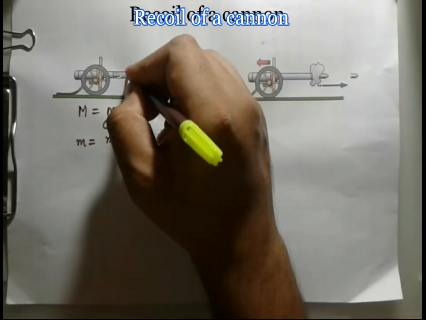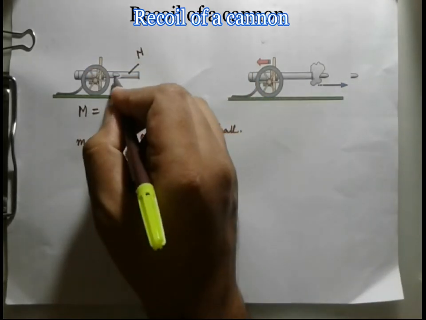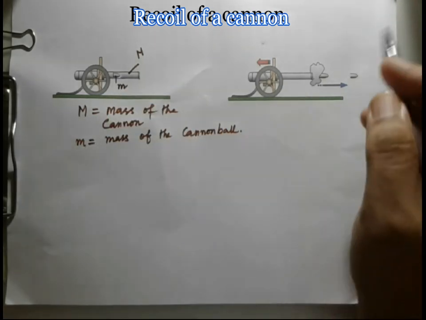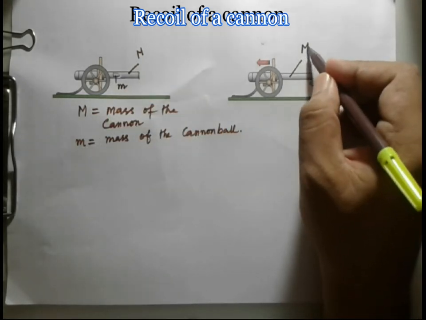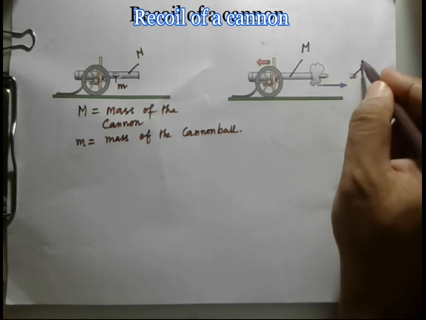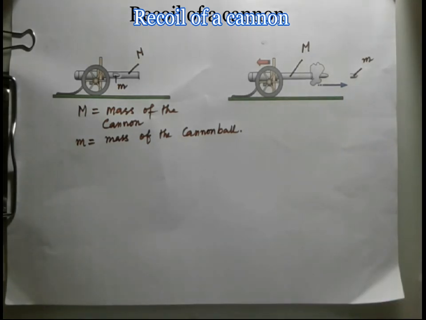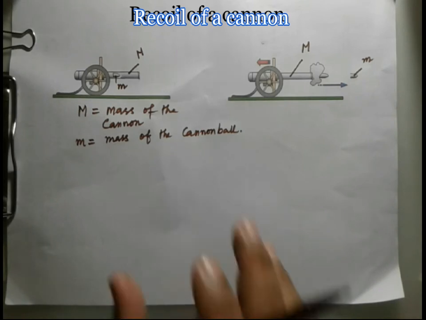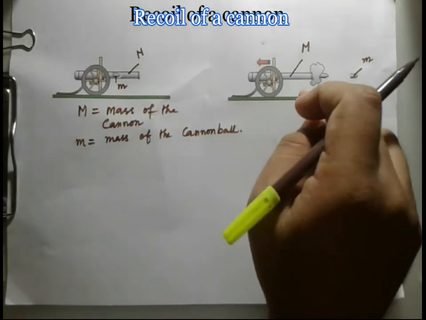The mass of the cannon is capital M, and the mass of the cannonball is small m. Now, before firing, both the cannon and the ball are at rest. This is before firing, and this is after firing.